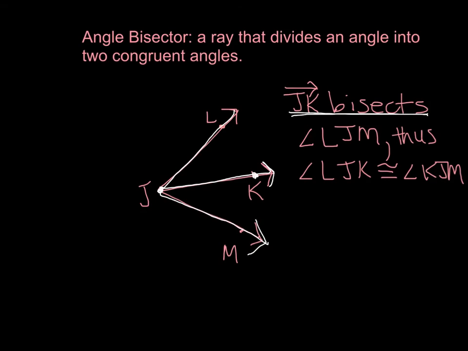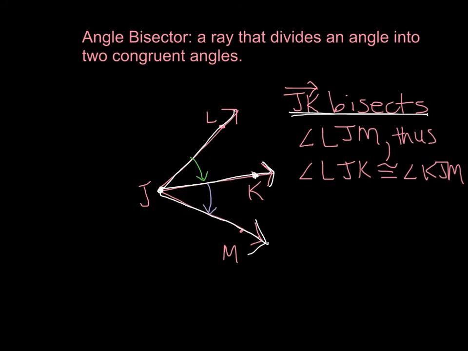Thus, we can conclude from the definition of angle bisector that angle LJK, which is right here, is congruent to angle KJM.